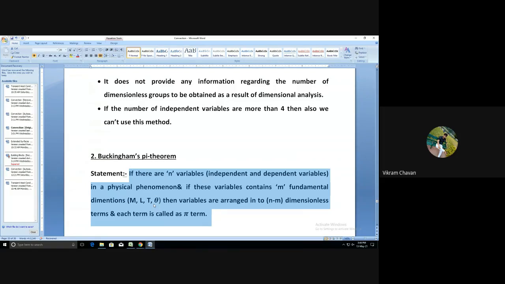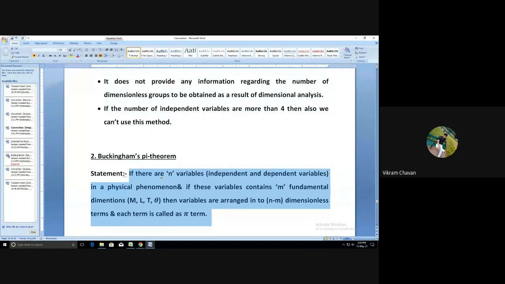If any phenomenon contains 4 fundamental dimensions, then we consider m is equal to 4. In such a fashion, n is the number of variables and m is the number of fundamental dimensions included in that particular phenomenon.